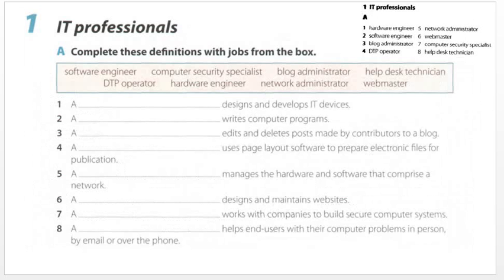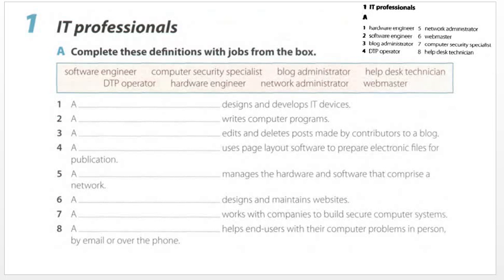IT professionals. Complete these definitions with jobs from the text. Here are some jobs: software engineer, computer security specialist, blog administrator, help desk technician, DTP operator, hardware engineer, network administrator, webmaster.